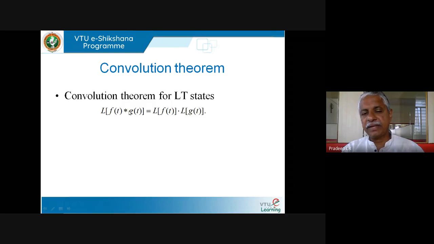So take f and g, take their star, that means convolve them, then take Laplace. That is the same thing as taking the product of the Laplaces of both the functions. So what it essentially says is Laplace respects convolution as a product.